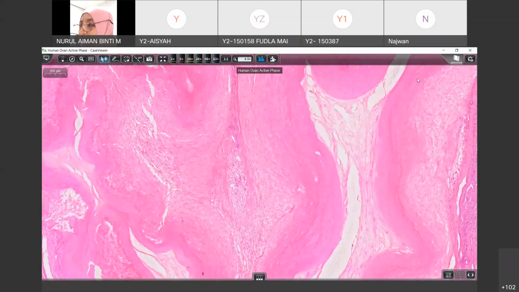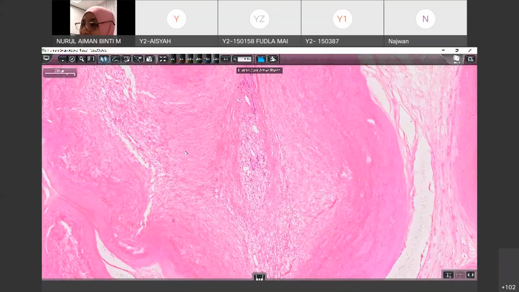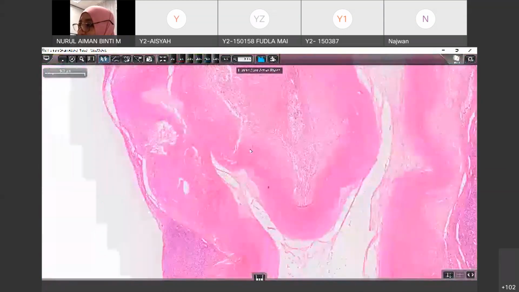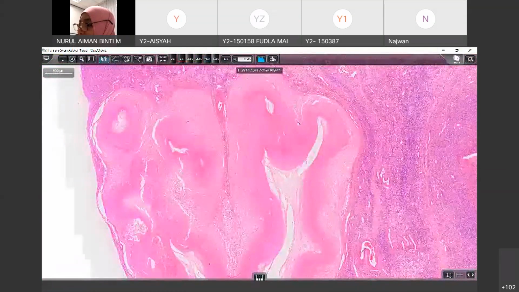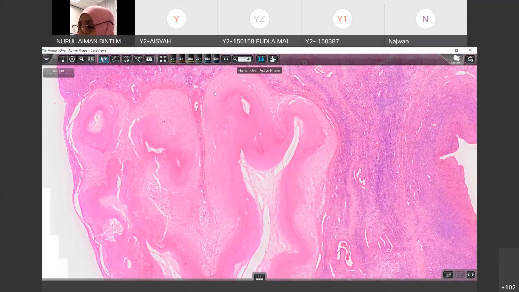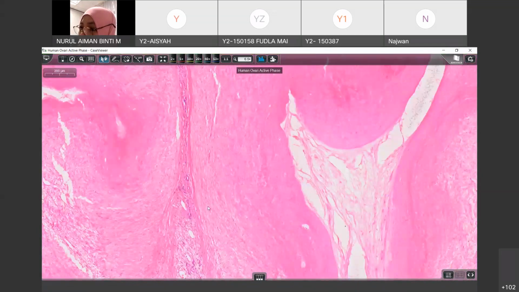If you look here, it is very large, comprised of 2 layers. You have to remember that in between, in this very big corpus luteum, you will have granulosa cells.